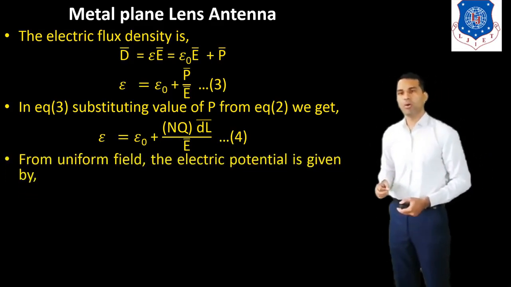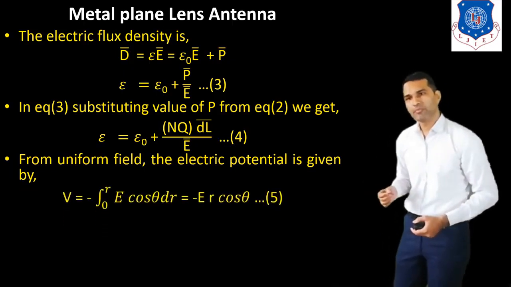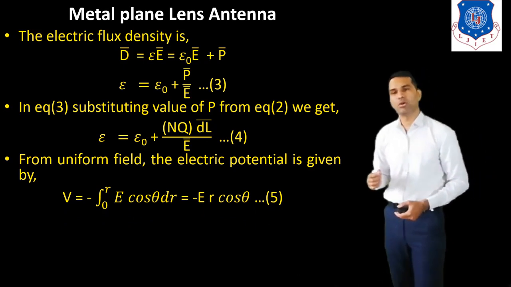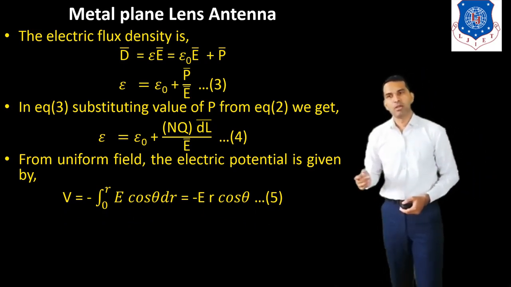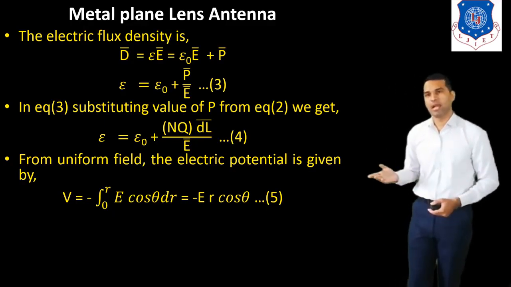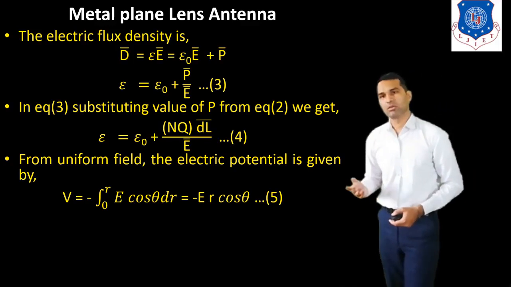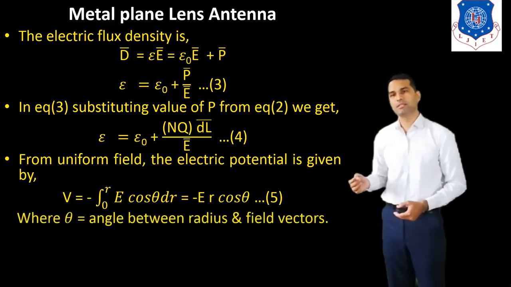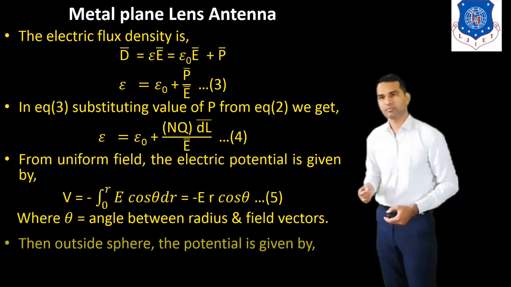Now for a uniform field, the electric potential is given by V is equal to integration 0 to R of E cos theta dr. So we can simply write this as minus E R cos theta when we solve this term, where theta is the angle between the radius and the field vector.